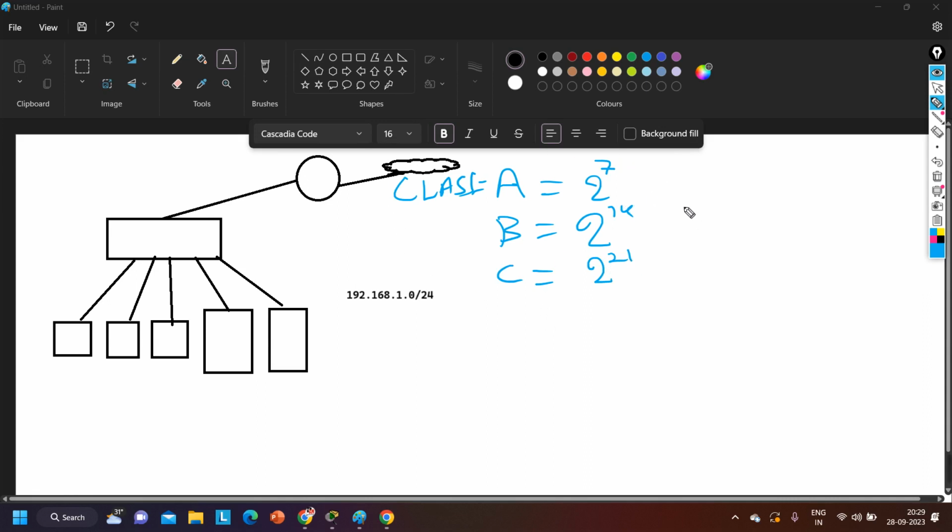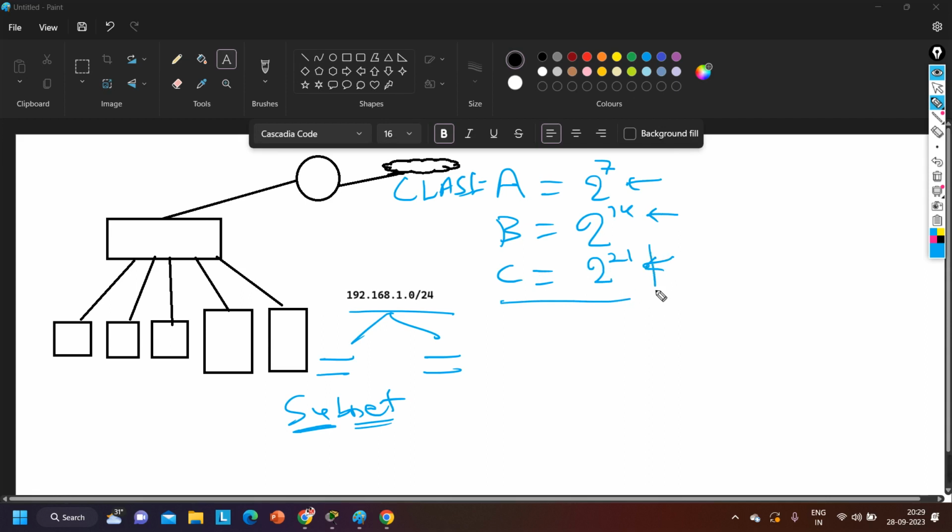This is a network, and if I am dividing this network into parts, that is a subnetwork, that is a subnet. Subnet means subnetwork, and these are networks. So from class C we can design 2 to the power 21 networks.